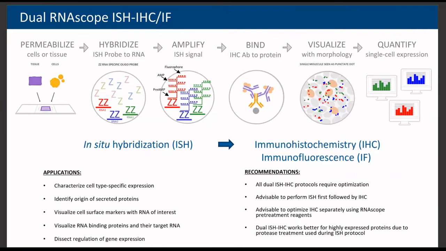These two are pretty much compatible with each other because they have similar workflows. Once you've finished ISH amplification, as you can see in this top diagram right here, you can also add the IHC portion on top of that, and the binding of antibodies.